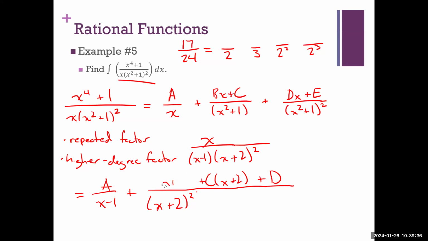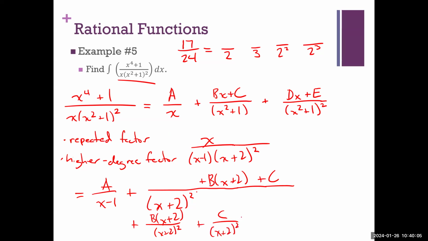So the thing in the denominator is degree 2. So now I have a degree 1 polynomial in the numerator, right? But am I allowed to split those up? If I split those up, what happens? I get b times x plus 2 over x plus 2 squared plus c over x plus 2 squared.